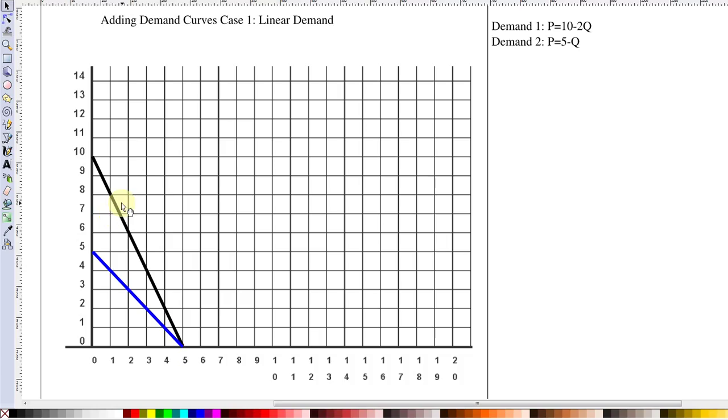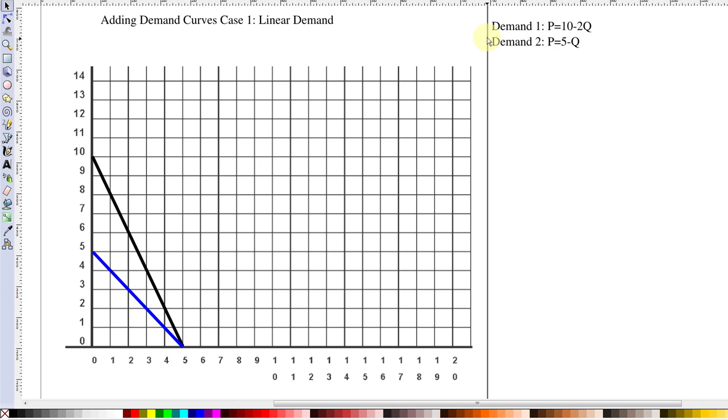So again, remember what a demand curve tells us is what quantity will be demanded at each price. And we see here along demand curve 1 that at a price of $10, a quantity of 0 will be demanded. At a price of $6, a quantity of 2 will be demanded. And at a price of 0, 5 will be demanded.